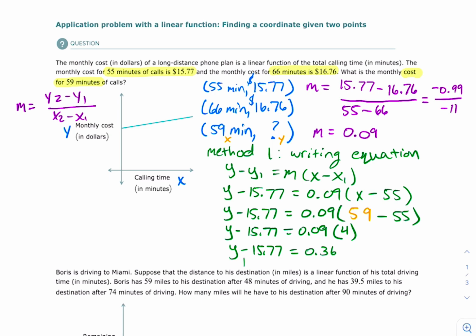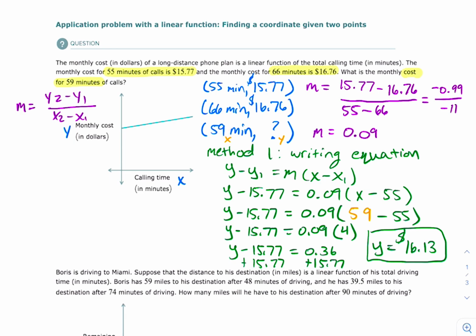And then my last thing that I'll need to do is add that 15.77 over. Okay. So my y is going to be $16.13. So that is how much it is going to cost for 59 minutes.